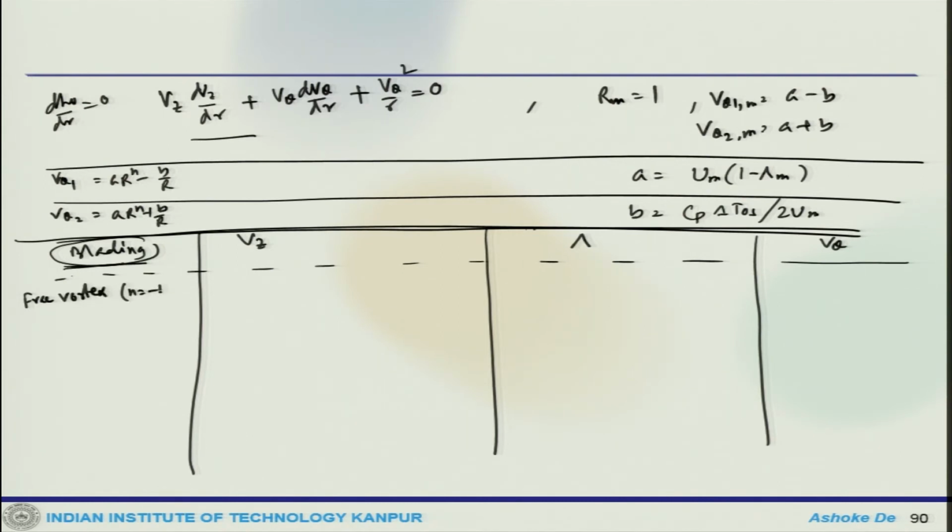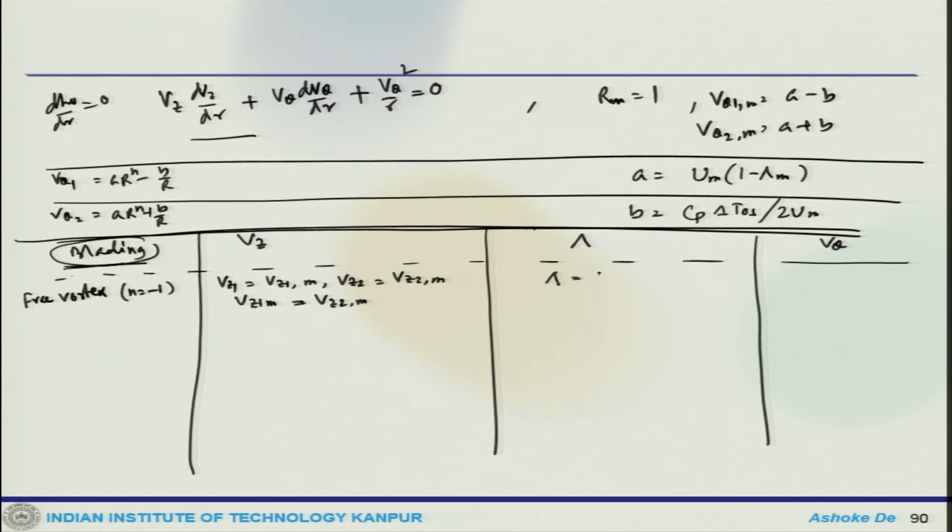where n equals -1, then V z 1 equals V z 1 m, V z 2 equals V z 2 m, and V z 1 m is V z 2 m.